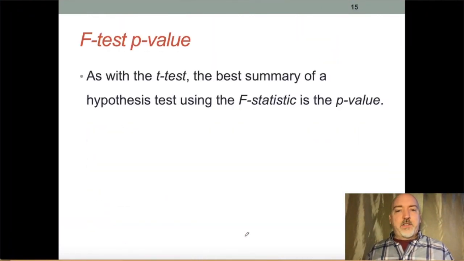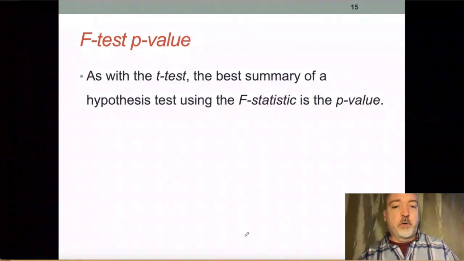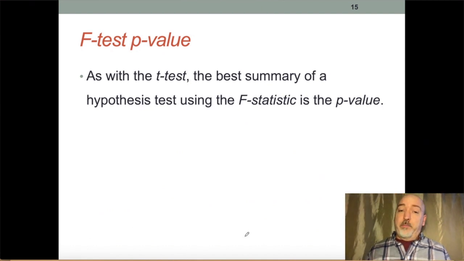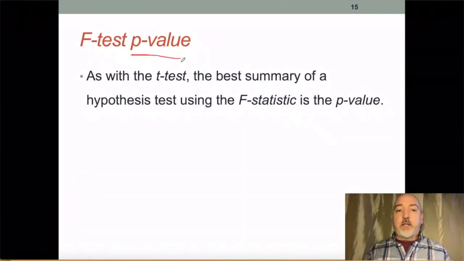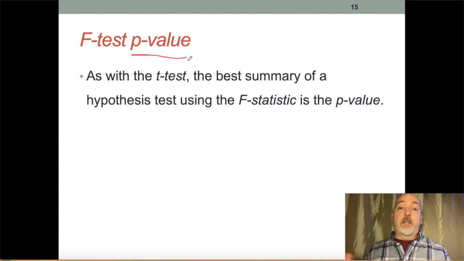Okay, one last thing before we actually take a look at some numbers. Also a big time saver, of course, is the p-value, right? So just like with the t-test and with any other test statistic, we can cut to the chase. We can get to the end result real quickly if we can calculate and interpret appropriately the probability or the p-value associated with a given test.